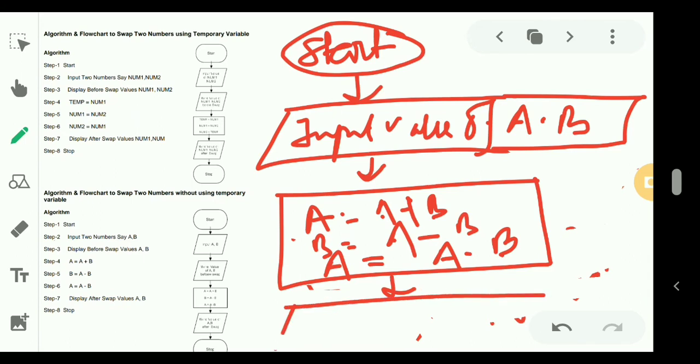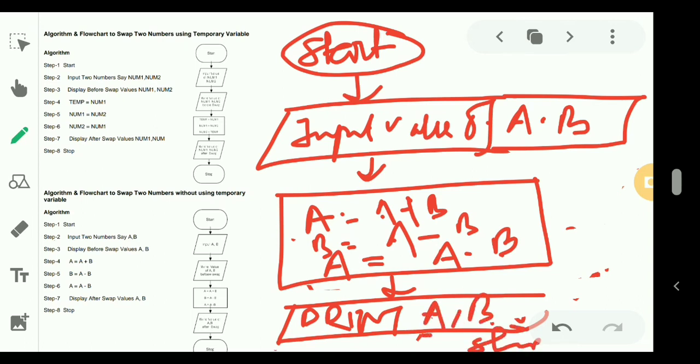Then we will go for the print statement, print a comma b, then stop. In this step you can add one print statement also, before swapping you can check the value of a and b also. In this way I am not incorporating any print statement, but if you want you can give.